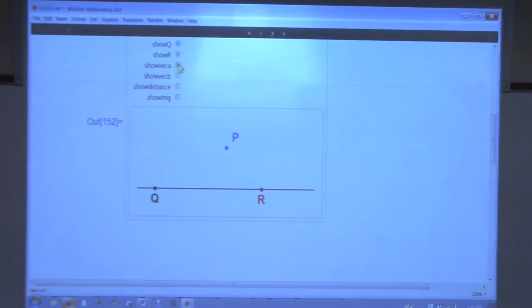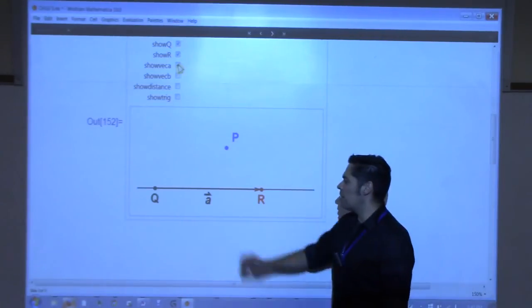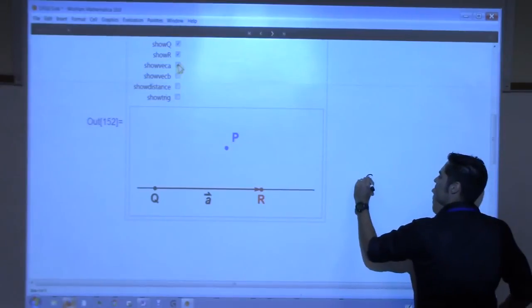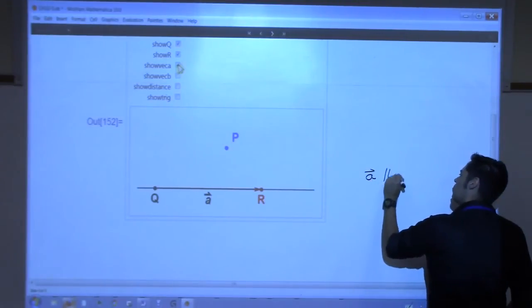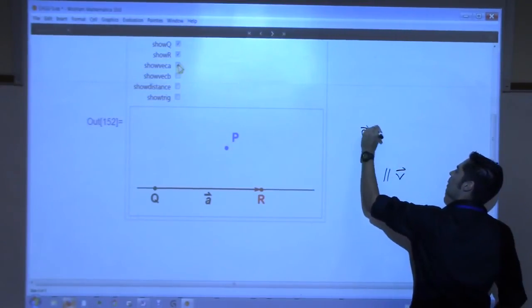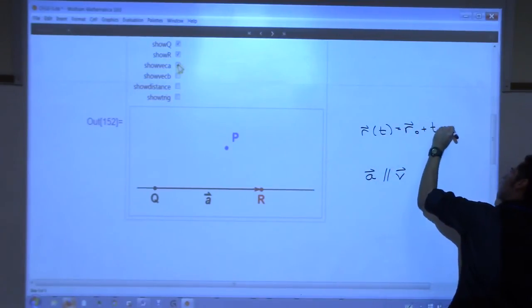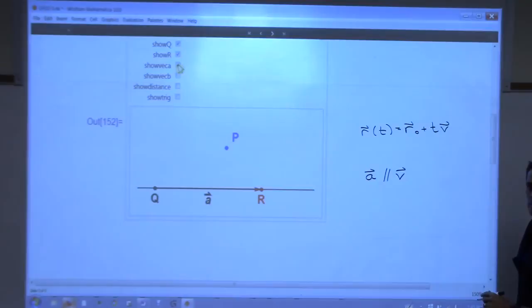Then I'm going to draw a vector, which is the vector A. So would you agree that the vector A is a direction vector? A is just the direction of the line, isn't it? So A is actually parallel to V. Remember when we talk about vector equations of lines, we have this general equation.